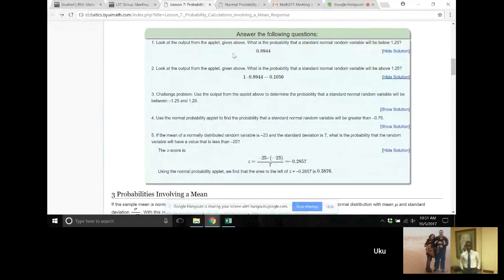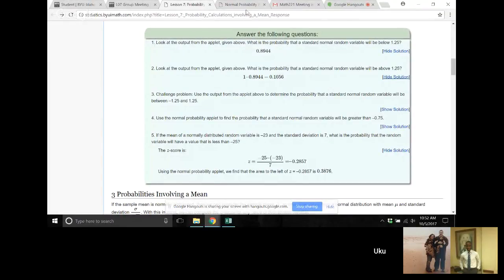They first got the probability that it would be below that, but they just gave the number, and then what they did was they took the probability of it being below the standard normal. So they took the probability of it being below, and then they subtracted it from 1 to get the probability of it being above.